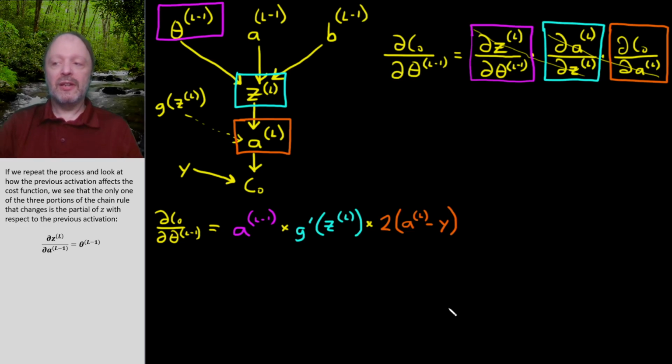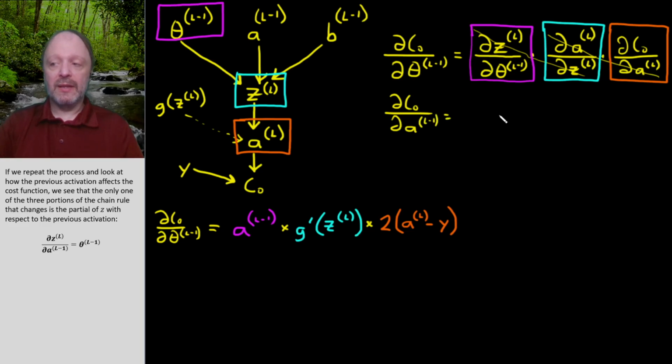When I start to calculate the next piece, the contribution of the previous activation, it looks a little something like this. It is the partial of the cost with respect to the previous activation.